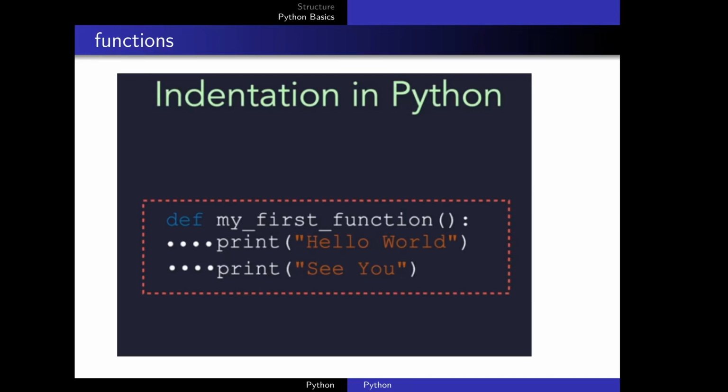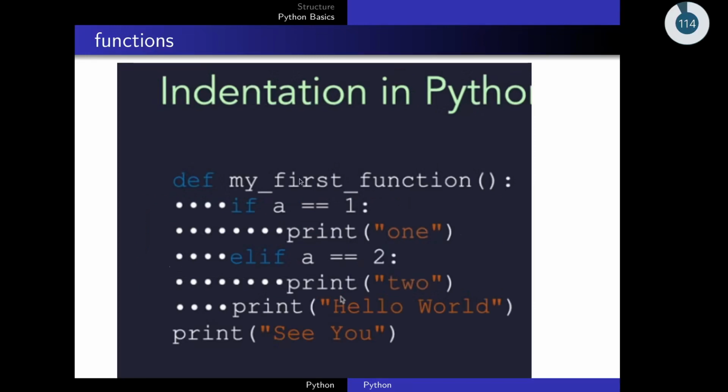Now what if we have an if condition inside a function? If we have an if condition, we have to indent it 4 spaces, then we have to indent again, 4 more spaces, for code segments inside it. So the code block inside the if has to be indented by 8 spaces.